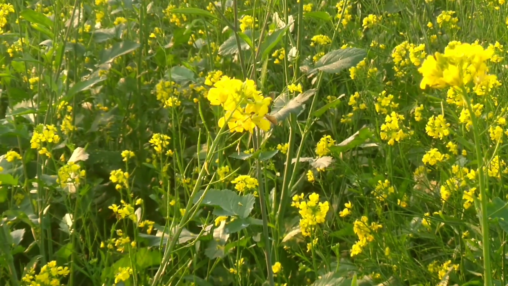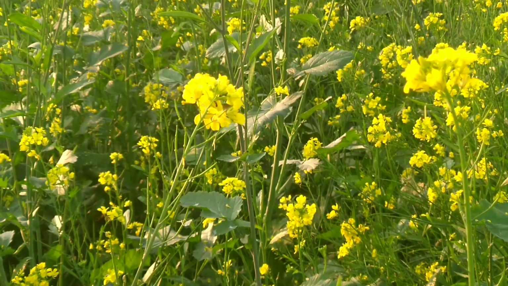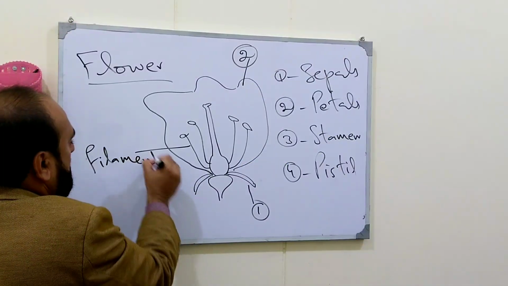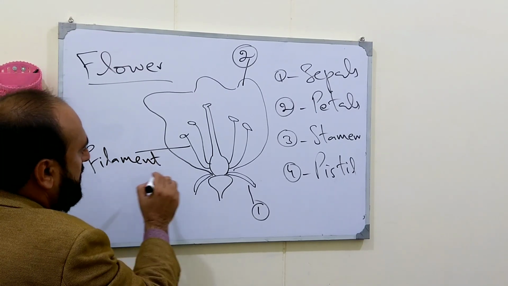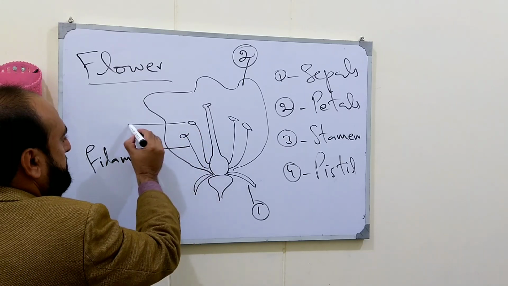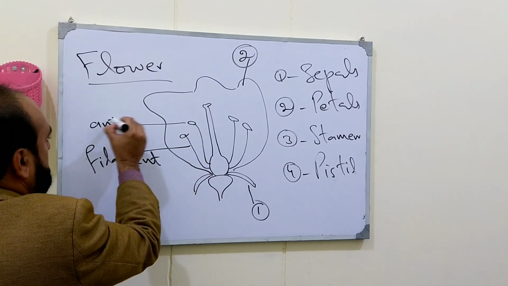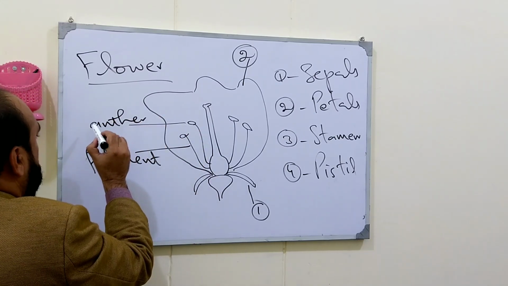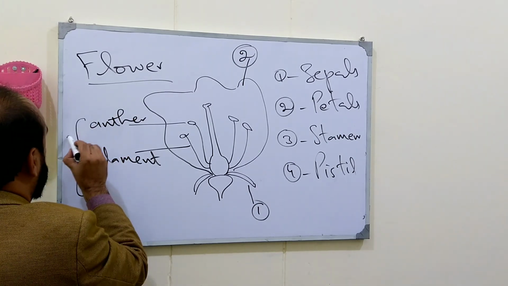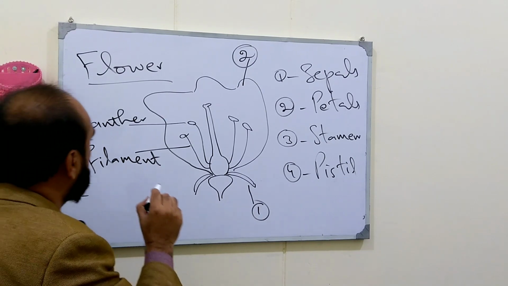Stamen is the male reproductive structure that consists of a stalk, technically called the filament. The filament bears anthers, and together this anther and filament is called the stamen.